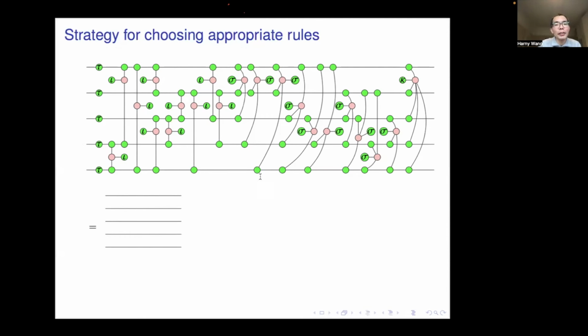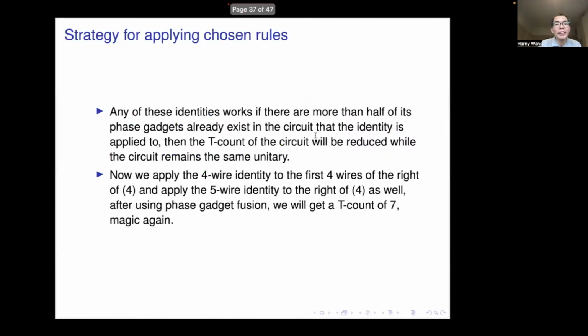For this identity, we have a name called the spider nest identity. So it also means that if you put the phase gadget on the quantum circuit, it won't change anything because they are essentially identity. So how could this help for T count reduction?